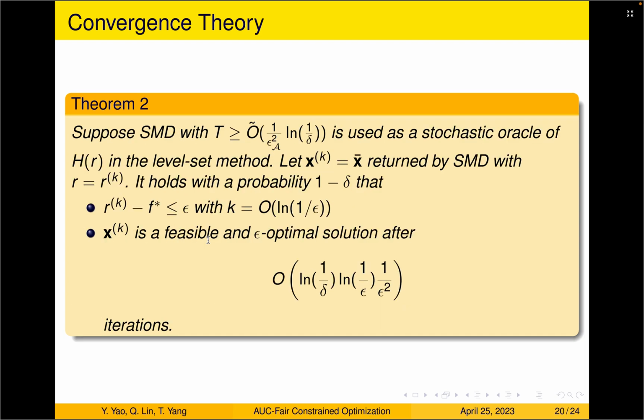And the second theorem is, suppose the stochastic mirror descent with enough iterations is used as the stochastic oracle of h_r, then x_k equals x bar returned by the stochastic mirror descent is a feasible and epsilon optimal solution after these iterations. This is the total complexity.